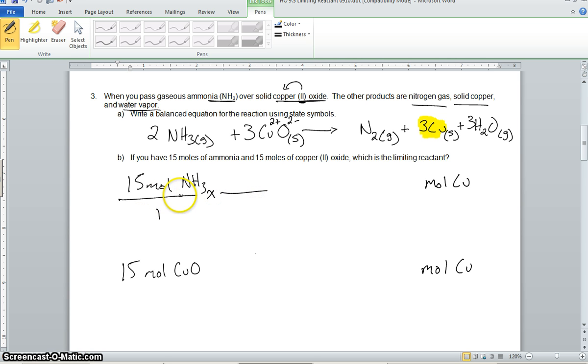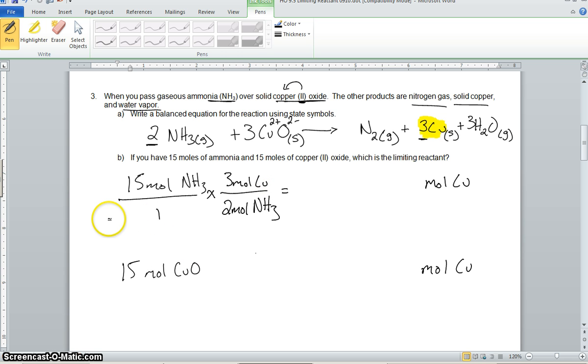We're in moles of our first substance. We're trying to get into moles of the second substance. To get from moles to moles, we use the mole ratio. In this case, the ratio is 2 to 3. Our NH3 is on top right now, so we're going to put our 2 moles of NH3 on the bottom for every 3 moles of copper on top.